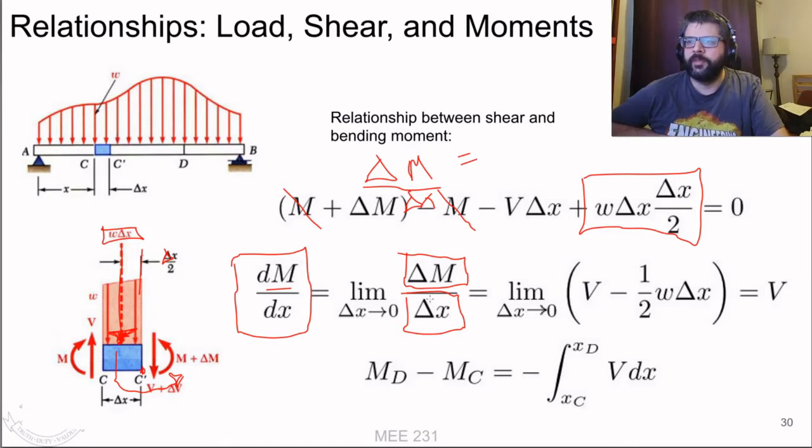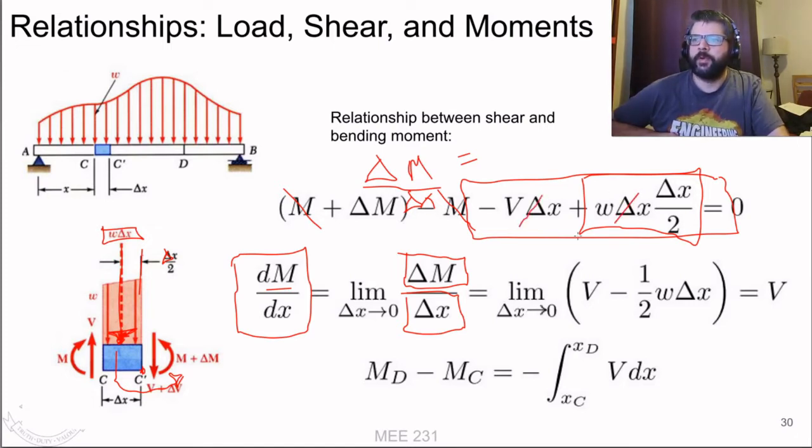Moving these terms over to the other side of the equation, we get v delta x minus w delta x over 2. Divide both by delta x, and we get our v minus 1/2 w delta x.